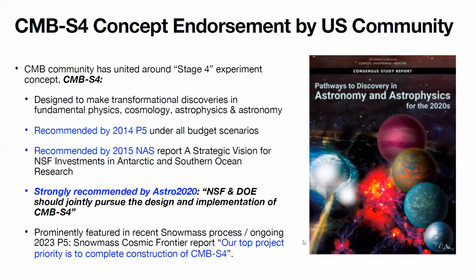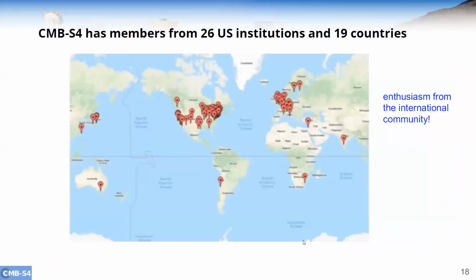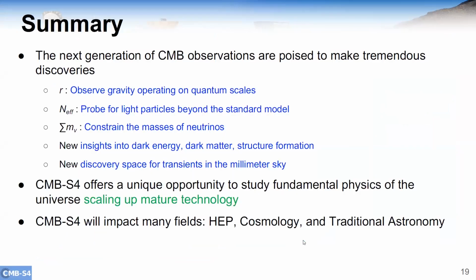And then the agencies have to figure out, okay, how do we get the budgets to go ahead and do that? Again, it's an international experiment. There's a lot of institutions from the US, but also from Europe, from Asia, Australia, from around the world. There's a lot of enthusiasm on going after this really wide range of science.